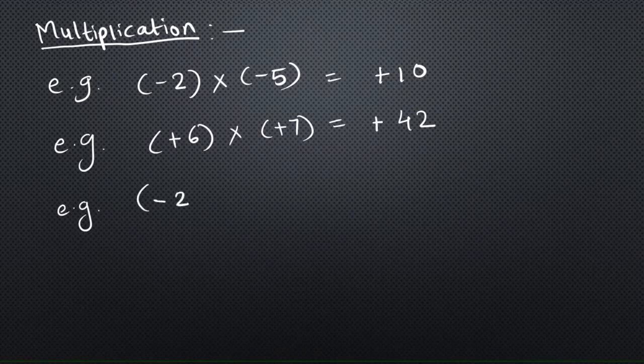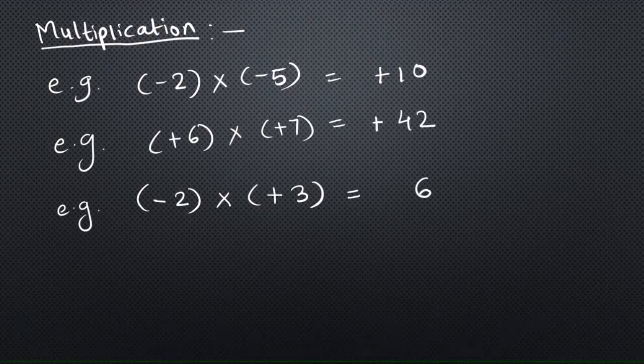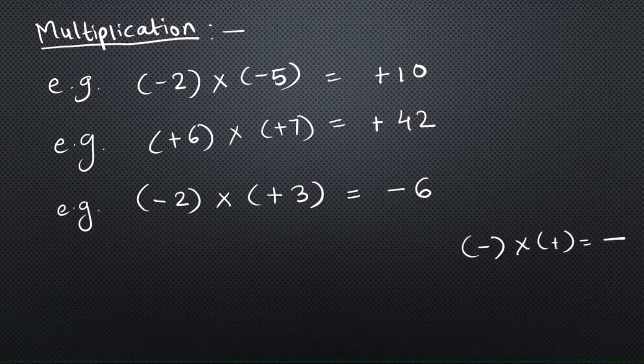Minus 2 times plus 3. Here first multiply the absolute values, which are 2 and 3. So 2 times 3 is 6 and give a minus sign here, because minus times plus, remember this one, minus times plus always comes minus.